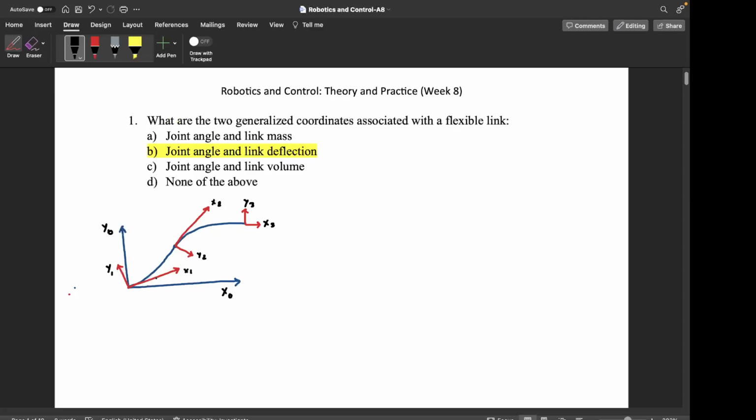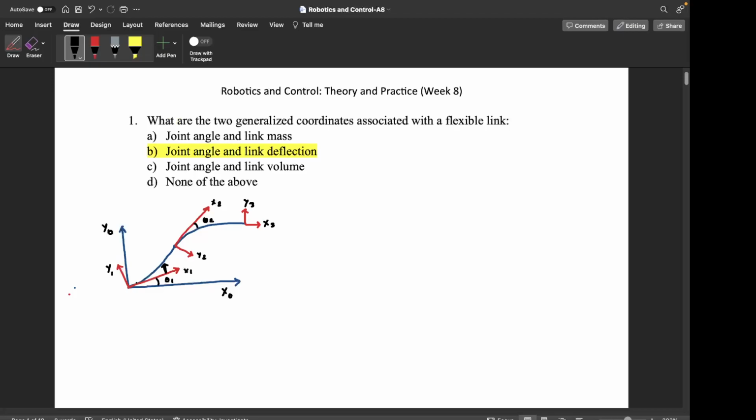And this is the angle that the first link makes. So this is θ1, this is θ2, and this is what we call the deflection. Imagine if this were a rigid link. Then the slope would not change as we move across the link, so the entire link would be at θ1.